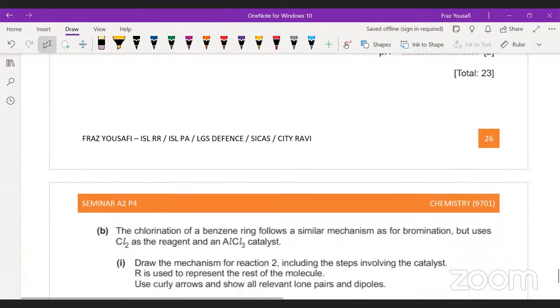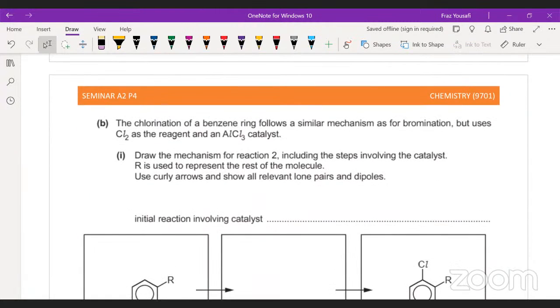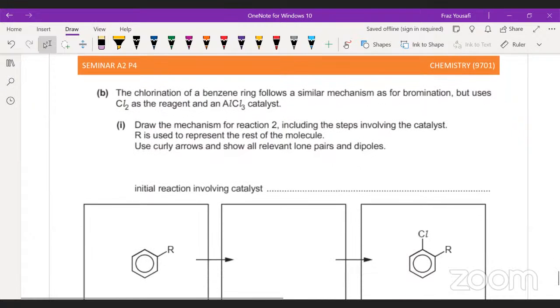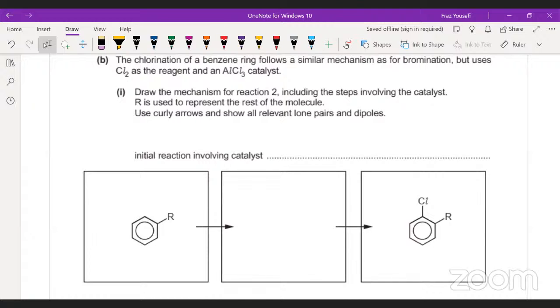Okay? All right. This was the one that I wanted to go over really quickly. The chlorination of the benzene ring follows a similar mechanism as for bromination, but uses Cl2 as a reagent and AlCl3 as a catalyst. You've been asked to draw the mechanism for reaction two, showing the formation of chlorobenzene, involving the catalyst. R is used to represent the rest of the molecule, using curly arrows and showing all relevant lone pairs and dipoles. The initial reaction involving the catalyst, this is what I'm talking about. This is something that you haven't done in a while.